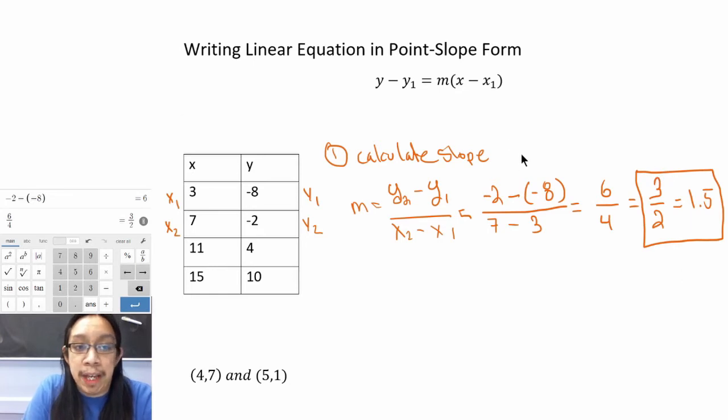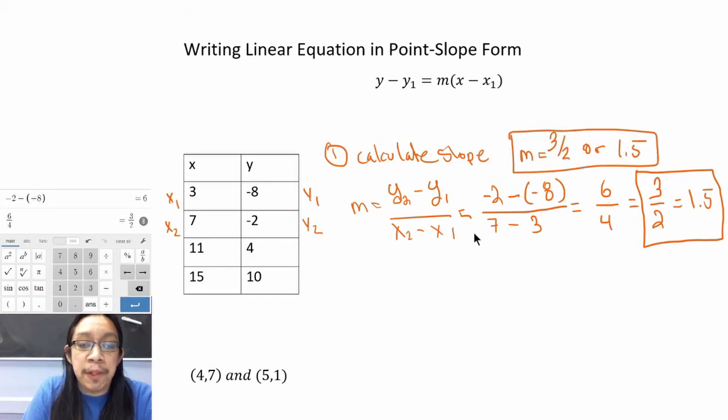So let's make a note of that: your slope is going to be equal to 3/2 or 1.5. So we pretty much have all that we need here, because in order to write a linear equation in point-slope form, like I mentioned before, all we need is a slope and an x1, y1 point. But guess what?